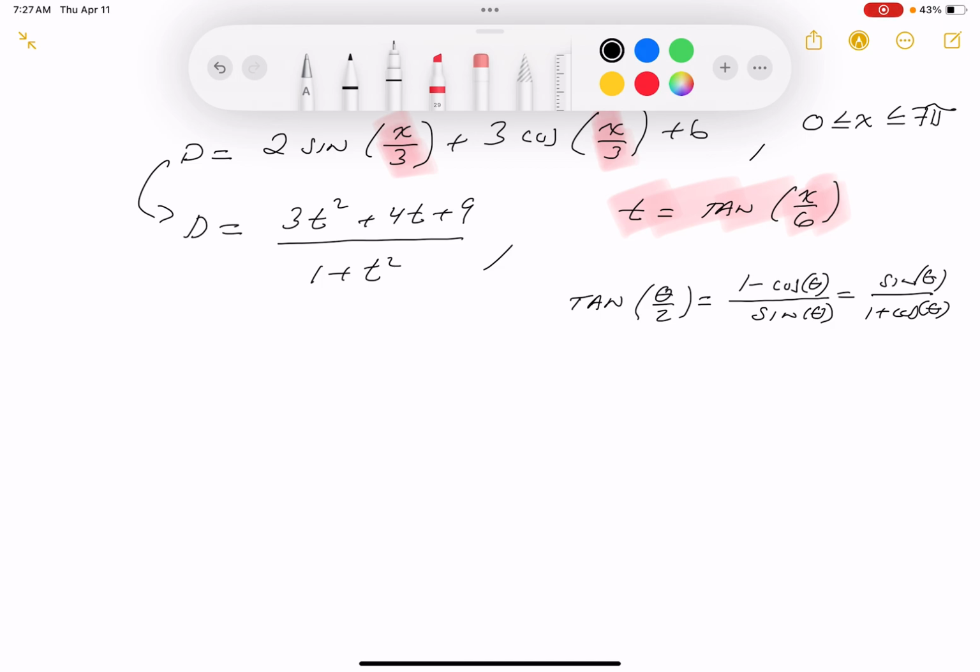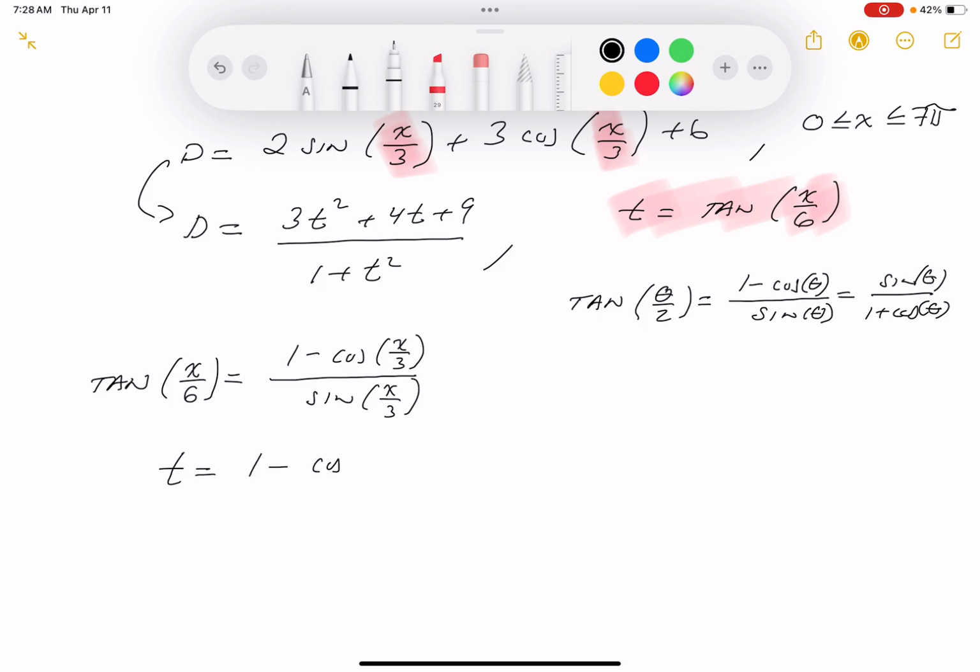But now I've got to write down the tangent of x over 6, and I'm looking at these two identities and I'm going to write one of them down. One of them is going to be 1 minus the cosine x over 3, over the sine of x over 3, and this is t. I'm looking at theta and theta over 2, and that's the relationship, because half of x over 3 is x over 6.